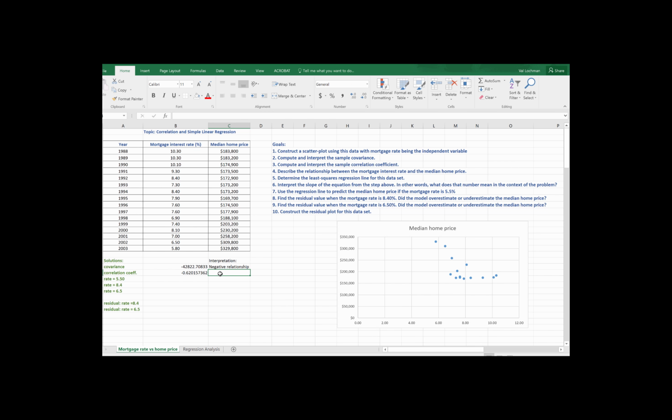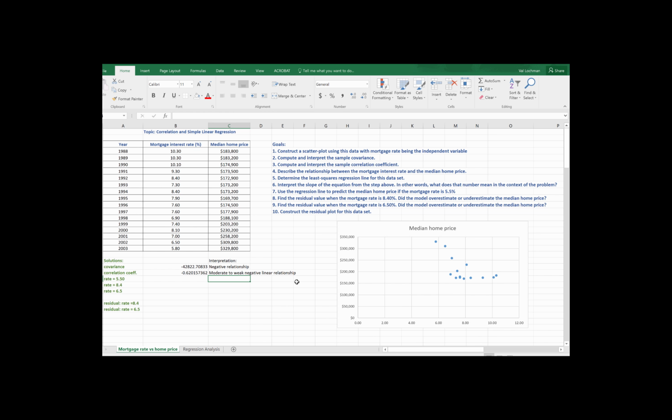So that's not a strong linear relationship. I'm going to go ahead and say weak to, or moderate to weak, negative linear relationship. Just to remind you, the stronger the relationship, the closer the coefficient will be to 1 or negative 1, right? So in this case, it's not exactly close to negative 1.